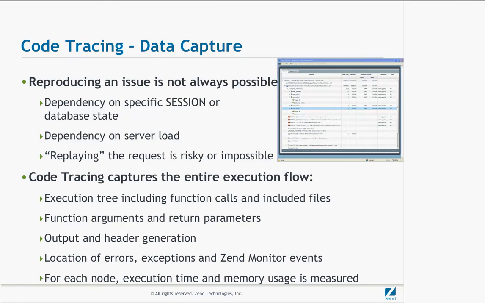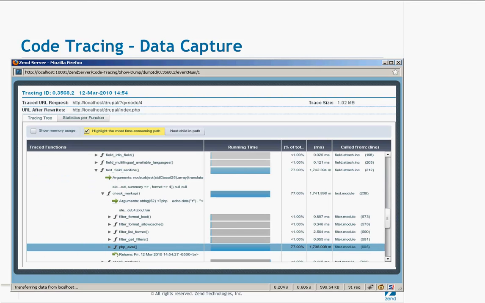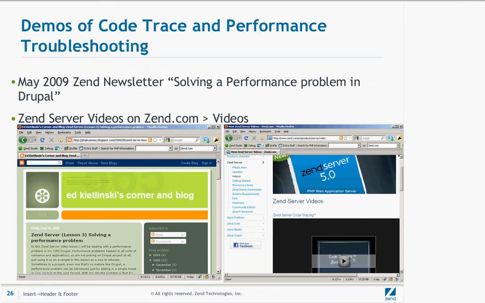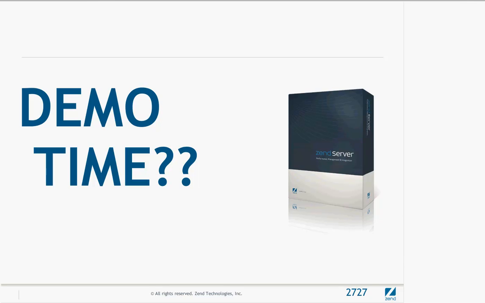And again, this is a close-up of what it looks like, but I'm going to demo this in a second. While I wrap up, I just want to let you know we do have a lot of information about Code Trace. I'll do it really quick in my demo, but feel free. There's a really good webinar online, and let me now share my browser and go through the demo really quick.